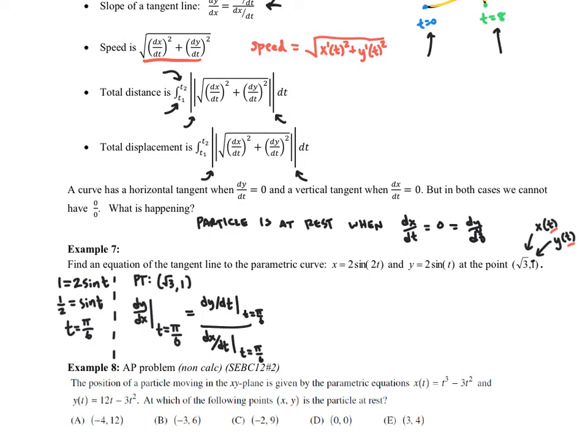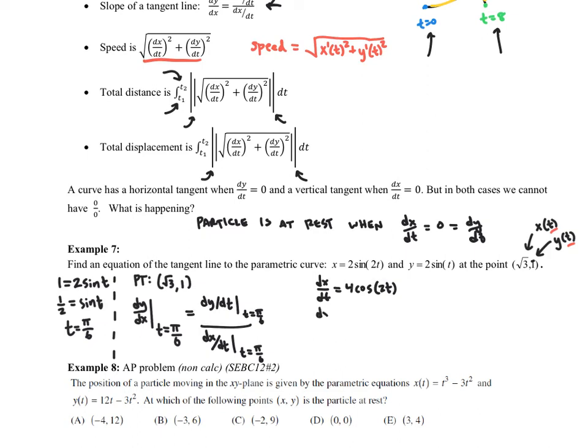All right, so I got a little bit of work to do. Let's find dx/dt. That will equal 2 cosine of 2t times 2. So let's make that first 2 a 4.